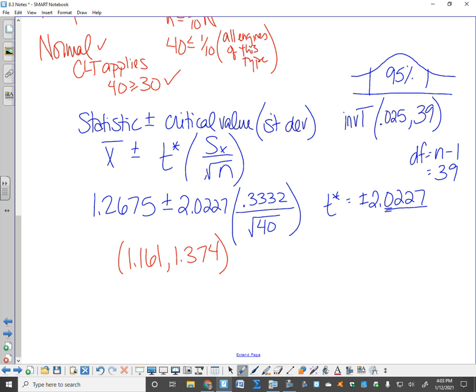There we go. There's my interval. I am 95% confident that the interval from that to that captures the true mean NOx emission level of all light-duty engines. Okay, sorry. I got excited.